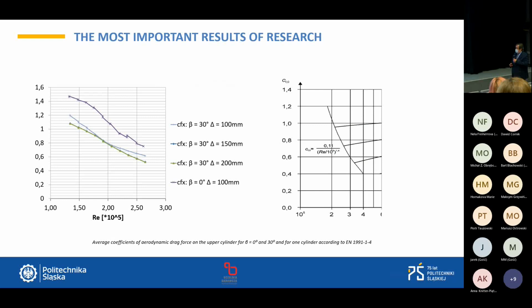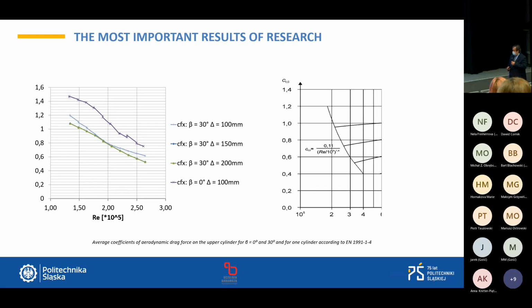And according to the research, on this slide you can see a comparison of what is in Eurocode and the quite different results from their research. They found that there is a crucial importance of the distance between the pipes, and the results were quite different.